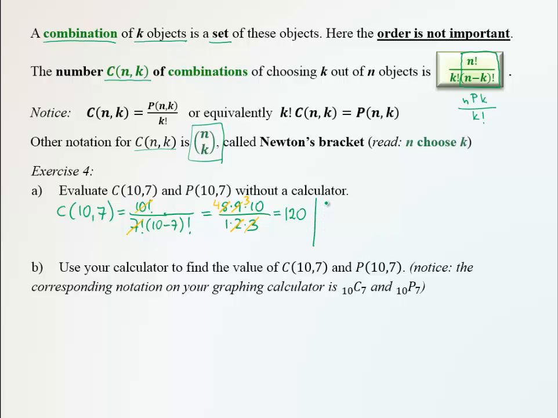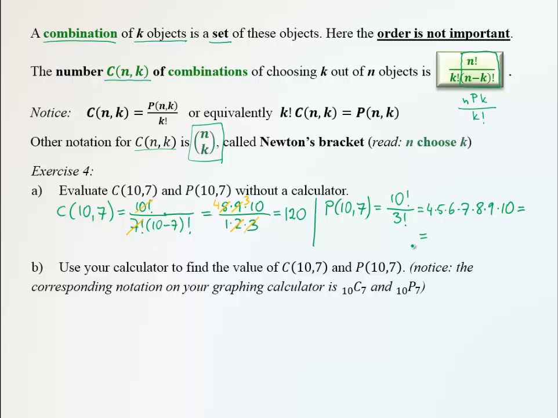Okay, let's calculate permutations. Permutations are n factorial, which is 10 factorial, divided by n minus k, so it's 10 minus 7, that is 3 factorial. So this is quite a lot, because it will be like 4 times 5 times 6 times 7 times 8 times 9 times 10.